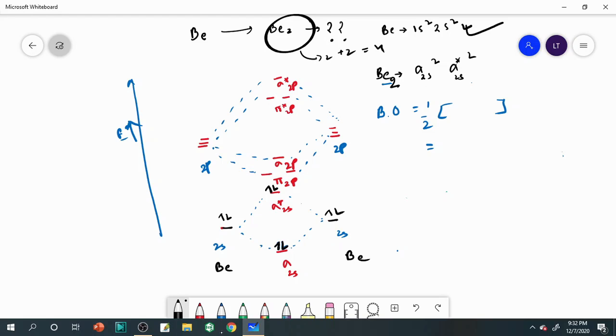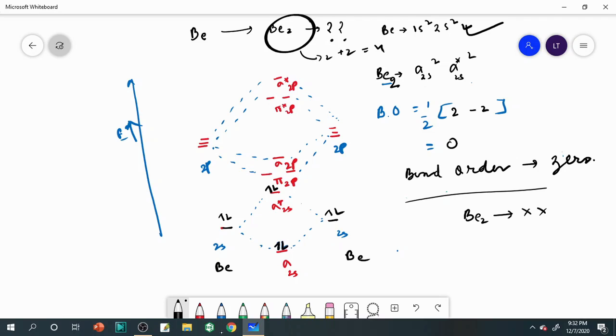The star orbital means it is anti-bonding. So in bonding 2 electrons occur, in anti-bonding another 2 electrons occur. So the bond order is half of 2 minus 2, which is 0. The bond order of the Be2 molecule is 0. Bond order 0 means the Be2 molecule does not exist as per molecular orbital theory.